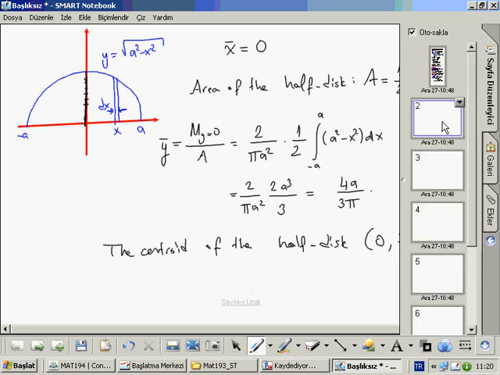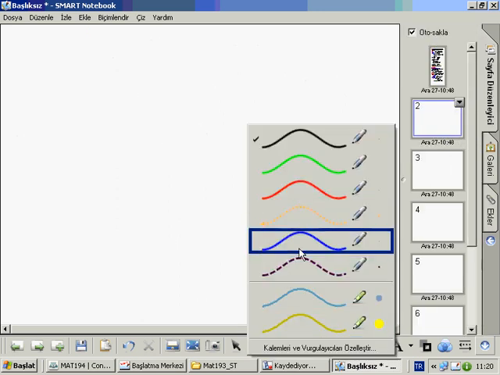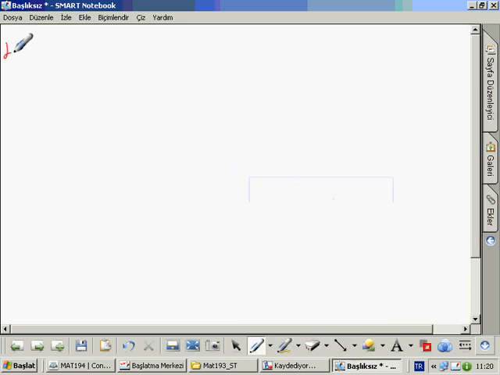And another example: find the centroid of the semicircle.